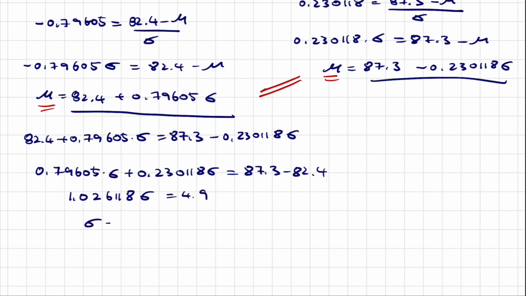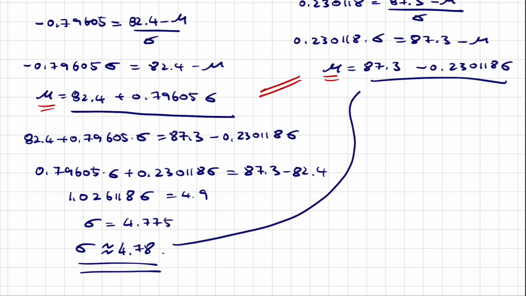So the standard deviation value is equal to 4.775. So we can say that standard deviation is approximately equal to 4.78. Okay, then once we got the standard deviation value, we can substitute this value into one of the equations, right?